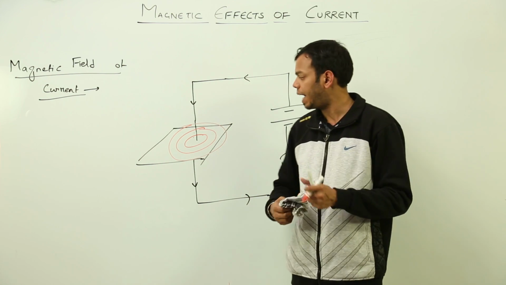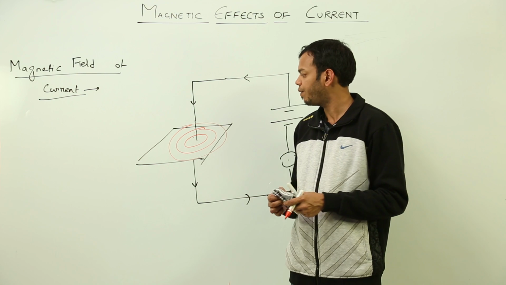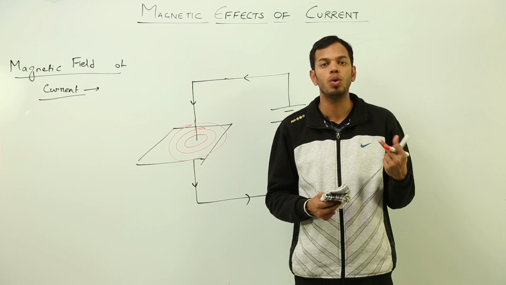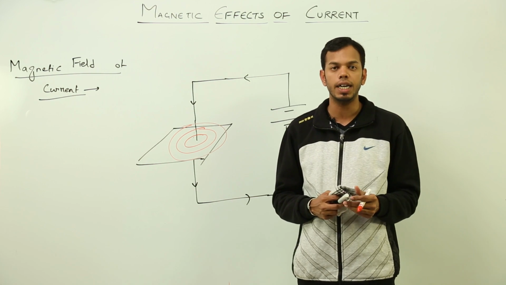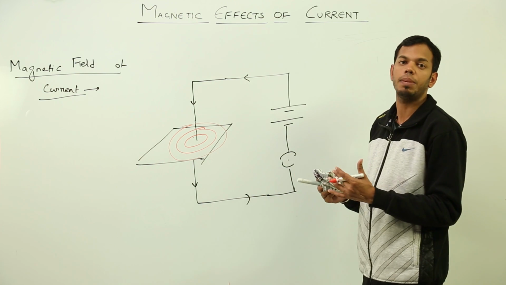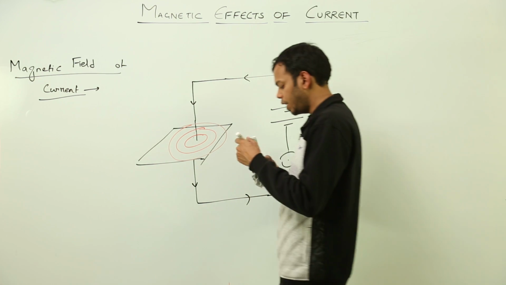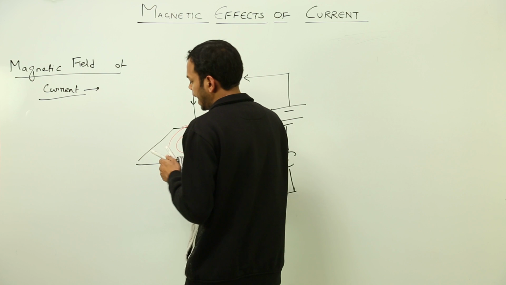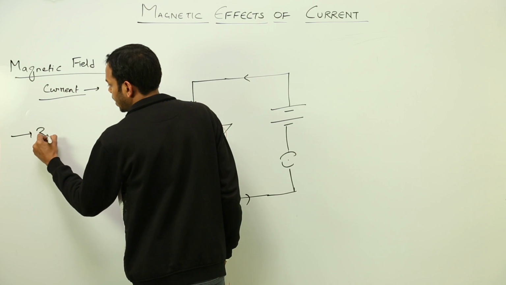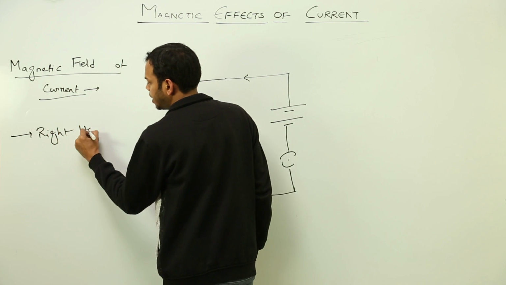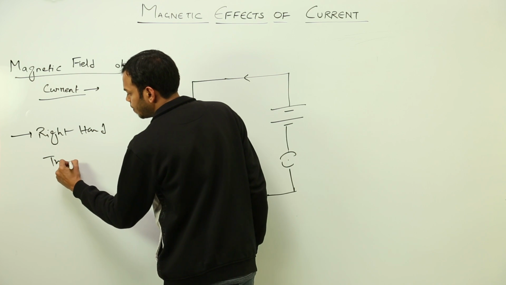Now what do we have to do? If we have to find or simplify a rule to obtain the direction of the magnetic field and to represent it somehow, we explain it by a rule called the right hand thumb rule.